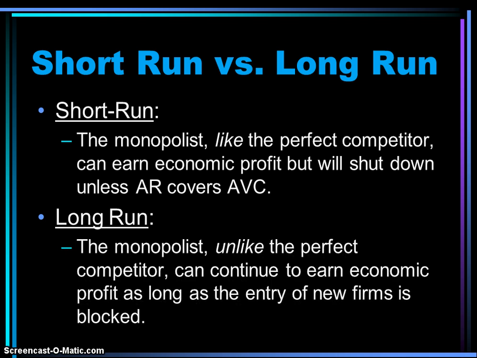But the difference between monopoly and perfect competition in the long run is that the monopolist, unlike the perfect competitor, can continue to earn economic profit as long as the entry of new firms is blocked. So as long as they maintain their monopoly status, they can continue to earn those profits because nobody can break into the industry and increase market supply and drive that price down and create competition for them.